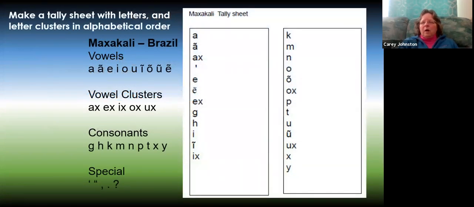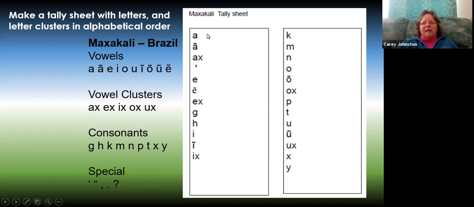So the first thing, you're going to go to that language data worksheet, and you're going to find all of the vowels, vowel clusters, consonants, and any consonant clusters in the language, and any special groupings that are there.